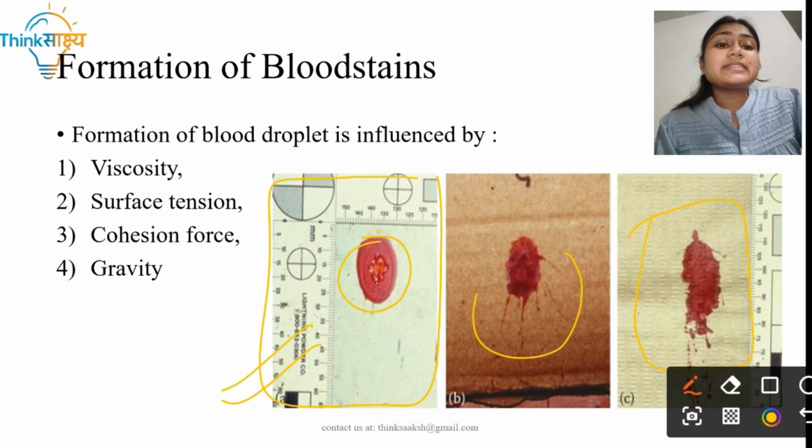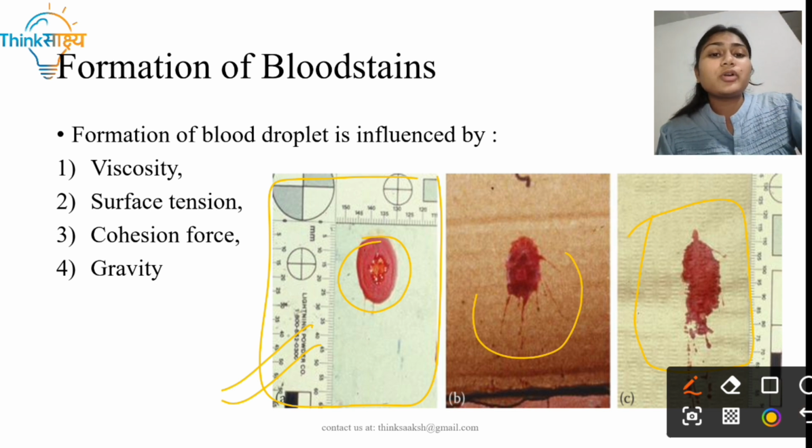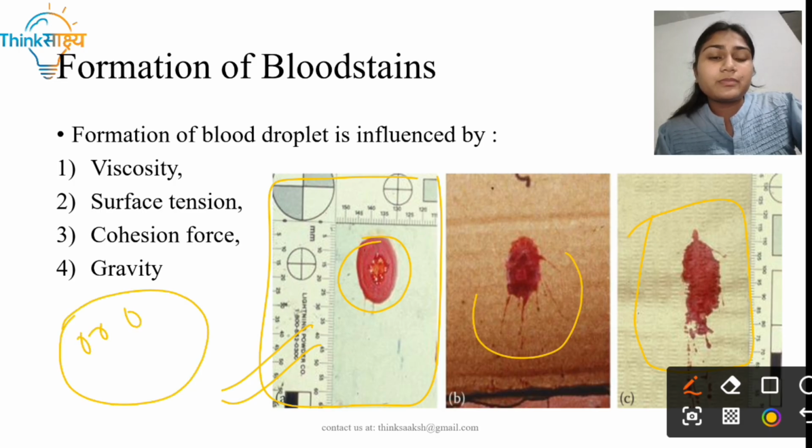Second is surface tension. Surface tension is created due to cohesion force. So what is cohesion force? If these are the particles of the blood, then these particles of the blood try to attract towards each other.